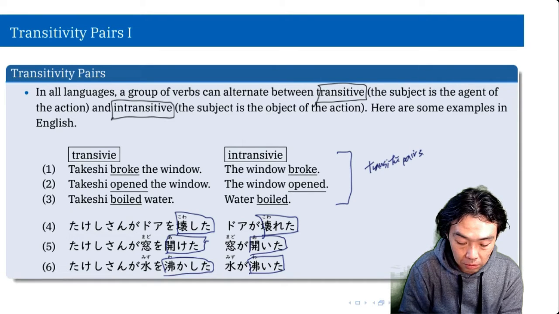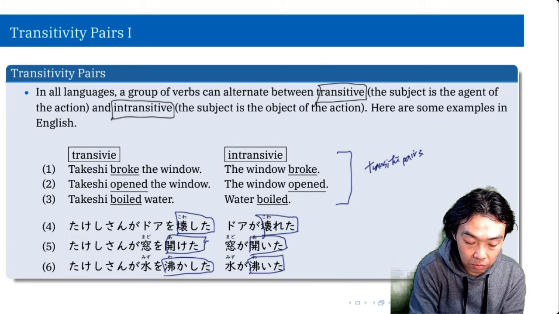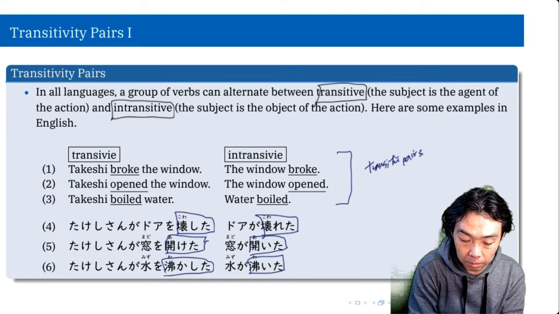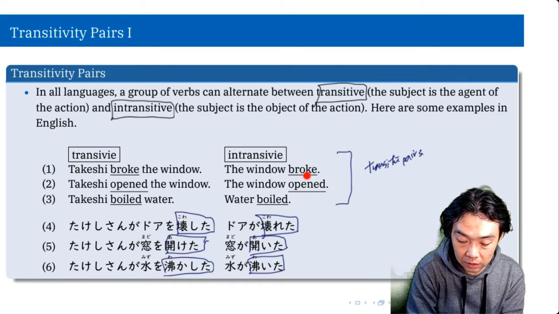There's one difference though. The difference is that in English you can keep using the same verb, break, both transitive and intransitive. But in Japanese, there's a small difference. The transitive verb is 壊した, the intransitive verb is 壊れた.